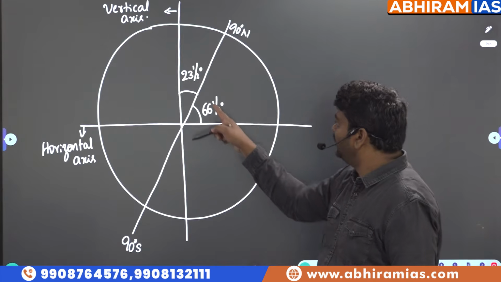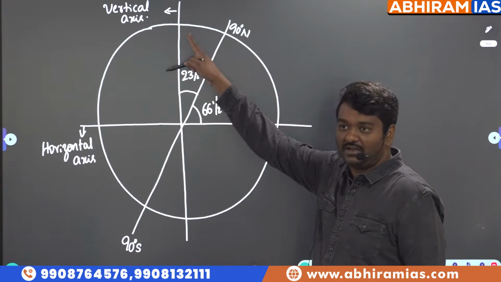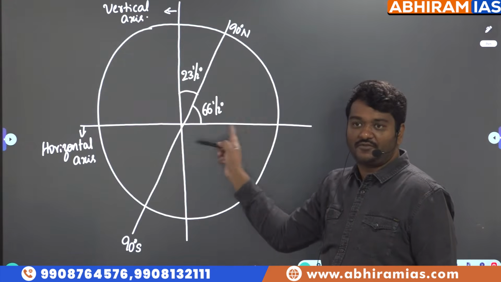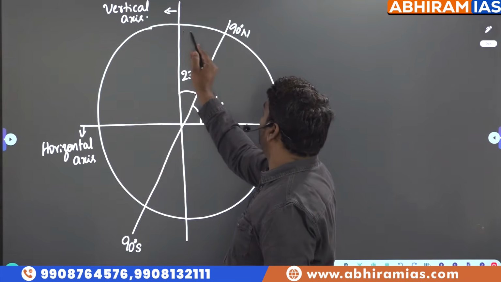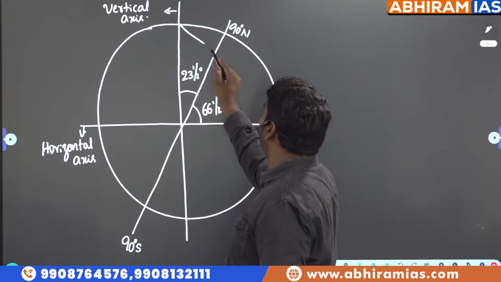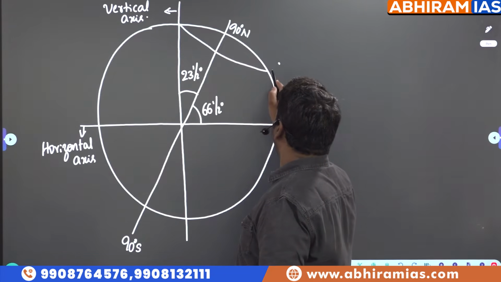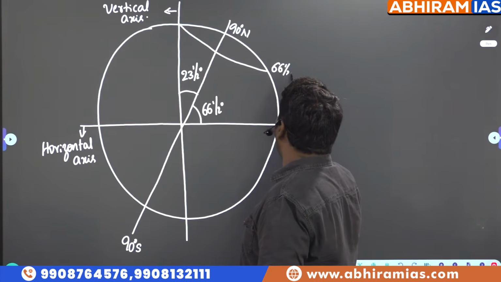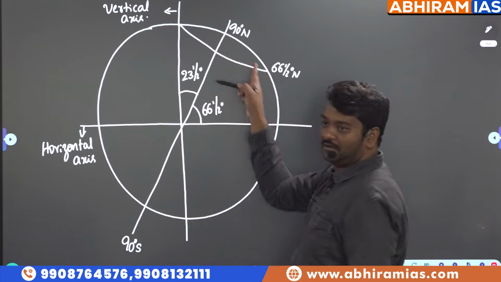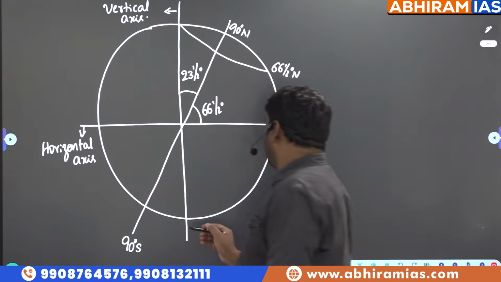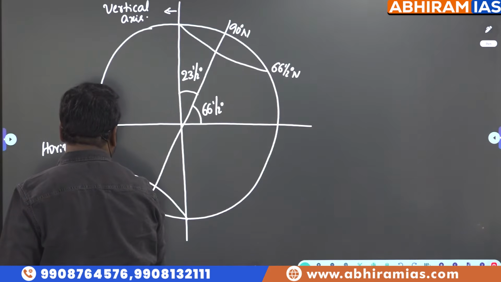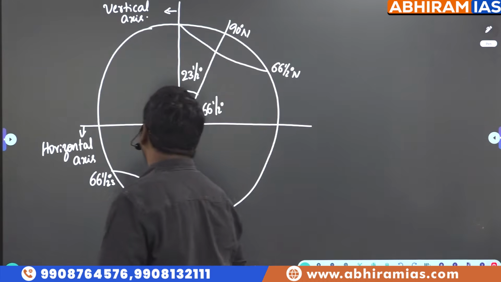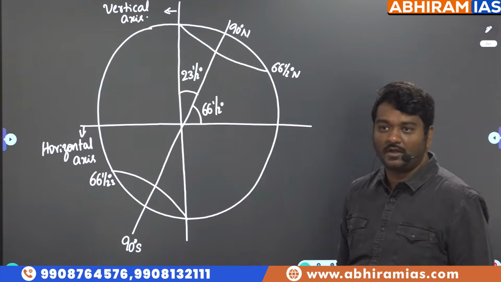Earth is tilted at 23.5 to vertical, 66.5 to horizontal, and then 90 minus 23.5 is your Arctic Circle. 90 minus 23.5 is the Antarctic Circle.